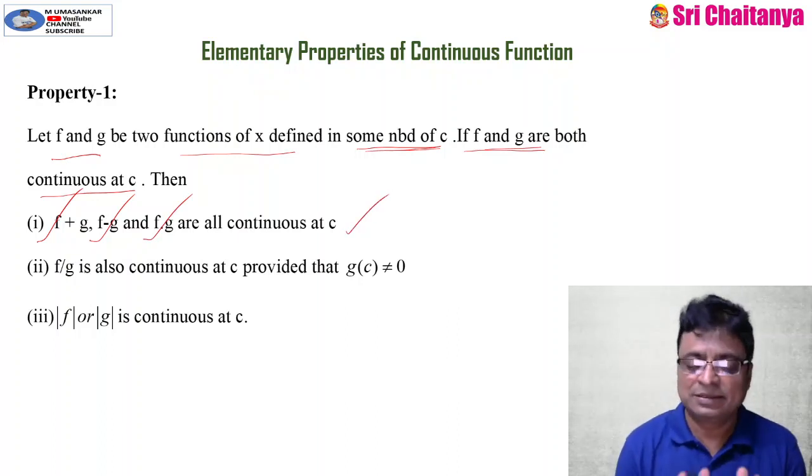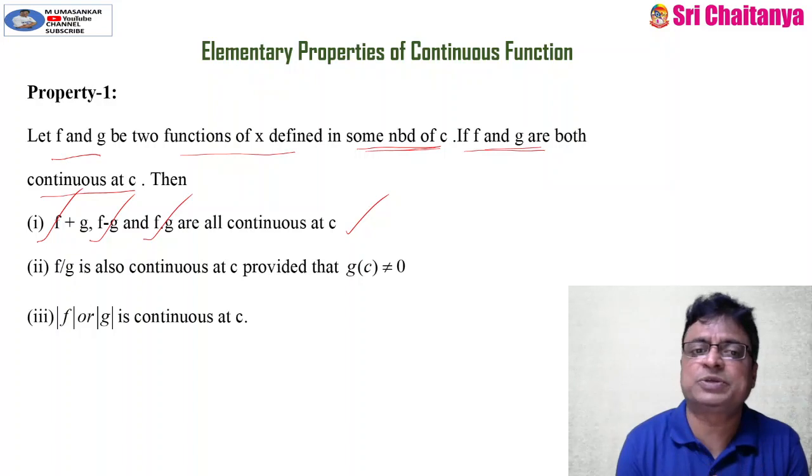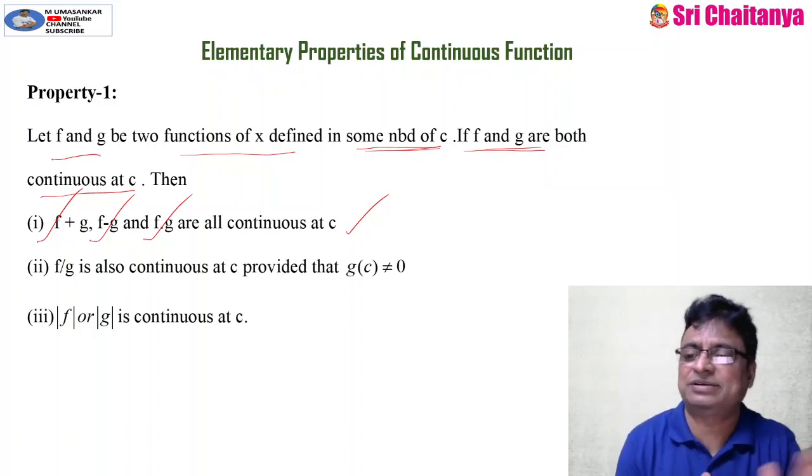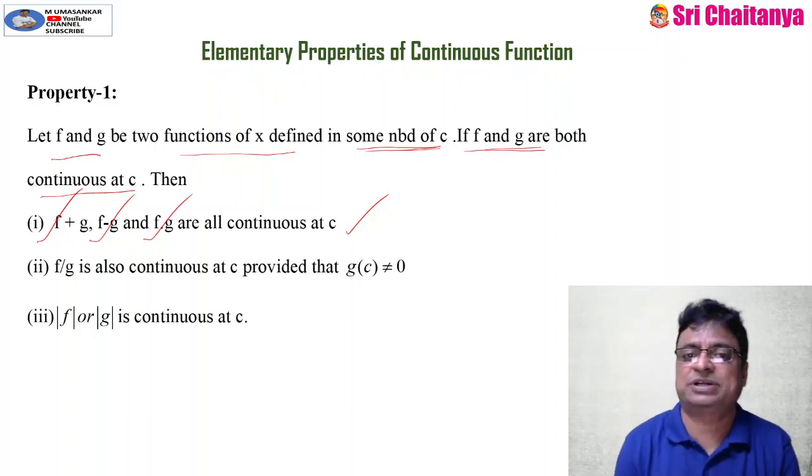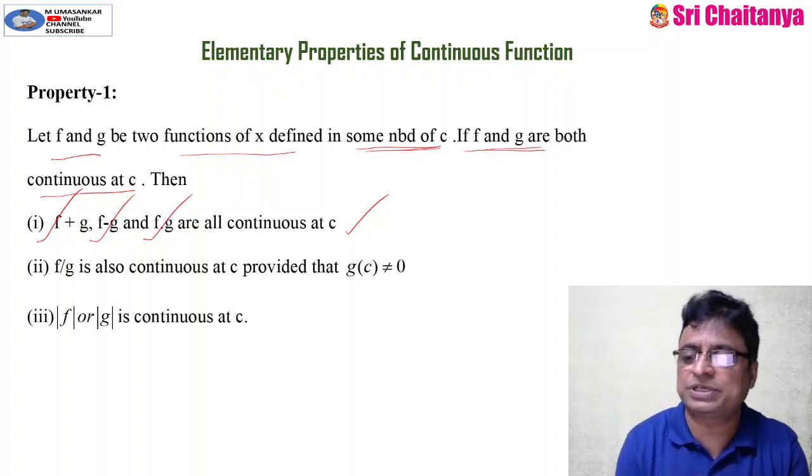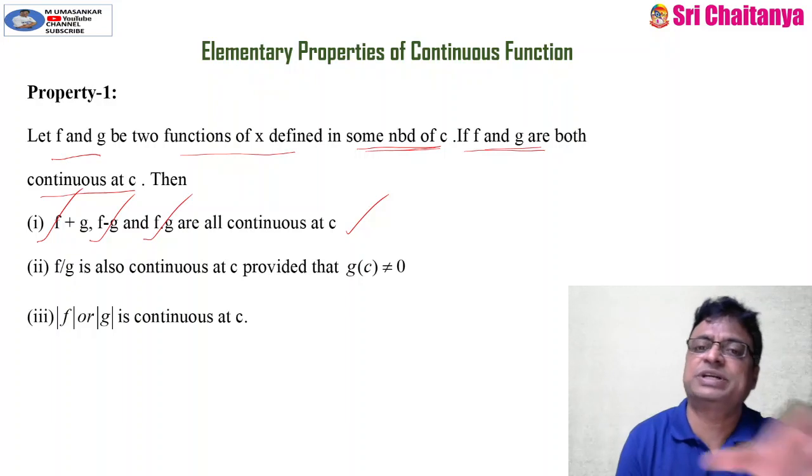That means the sum of two continuous functions is again a continuous function. The difference of two continuous functions at a point is again a continuous function. The product of two continuous functions at a point is also a continuous function at that point c.